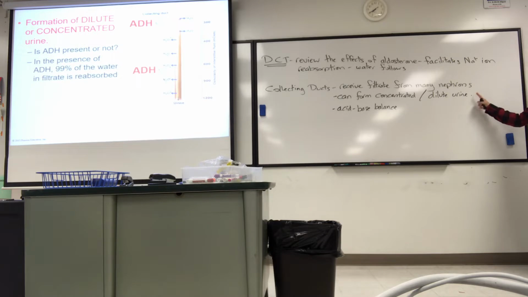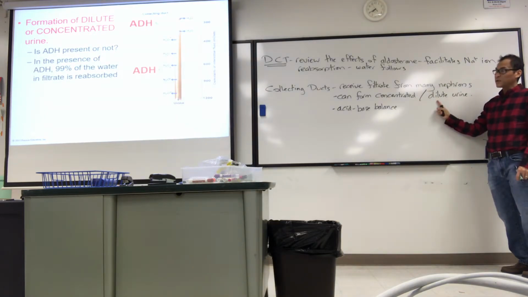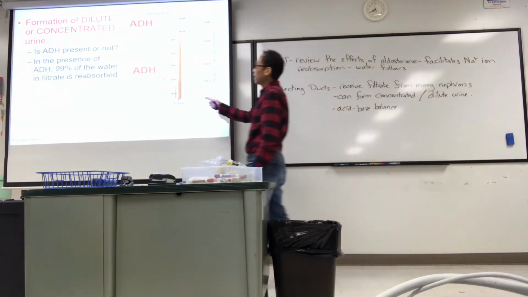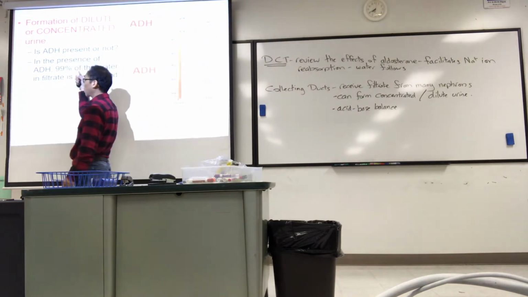For the first function, most of the cells of the collecting duct have the aquaporins, and that allow them to concentrate the urine, or if they're not using the aquaporins in those cells, that's dilute urine. And so that's kind of what I have here. I have a picture of the collecting duct and water leaving. Because if ADH is present, that'll mobilize those aquaporins.